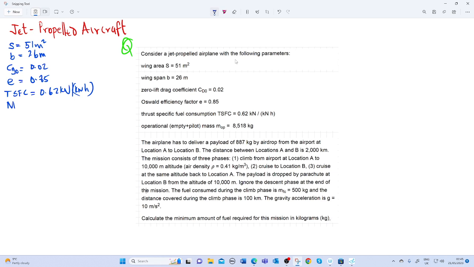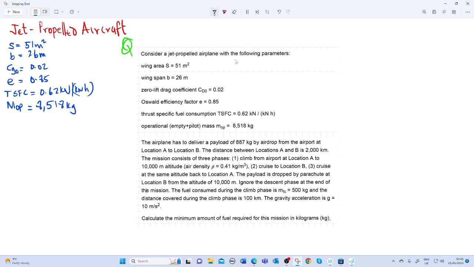We have the operational mass, which is the mass of the aircraft with the pilot, 8,518 kilograms.